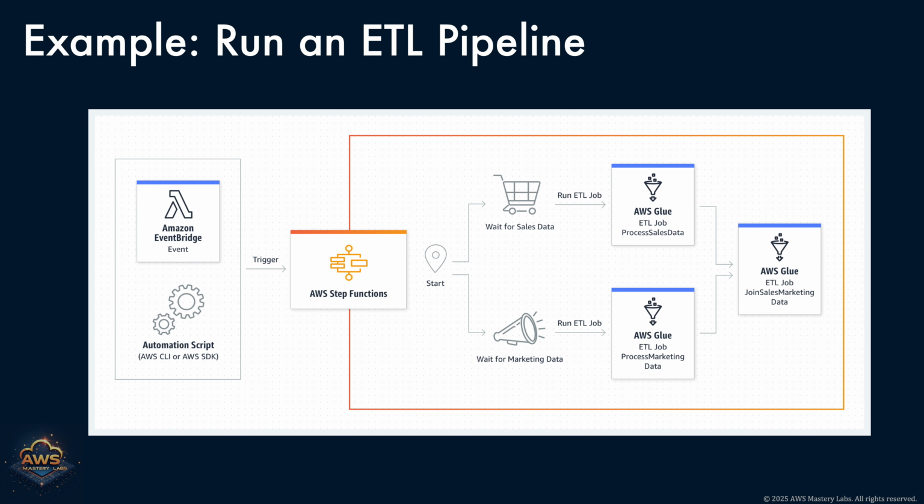It's serverless, reactive, and gives you full visibility into each ETL stage. By using Step Functions to coordinate ETL workflows, you can create robust, modular pipelines that are easier to manage and scale, with less glue code and more focus on data transformation.